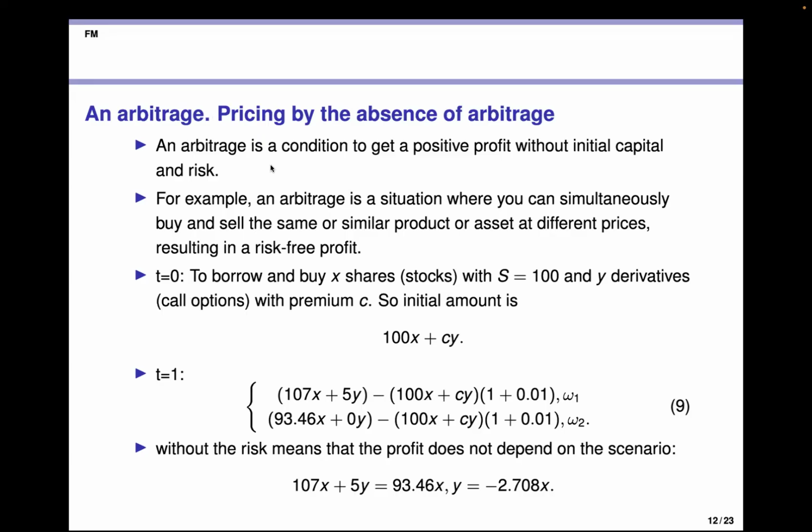The second way, which we learned in the past lesson, was the arbitrage method. We formulated what arbitrage is. It is a condition to get a positive profit without initial capital and without risk. Maybe arbitrage is like a situation where you can buy and immediately sell the same or similar product at different prices, resulting in risk-free profit.